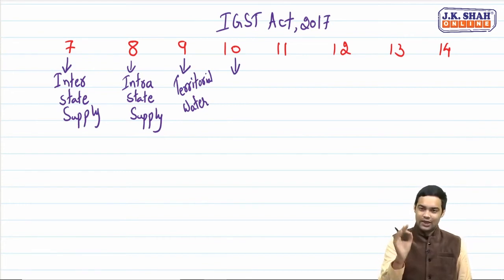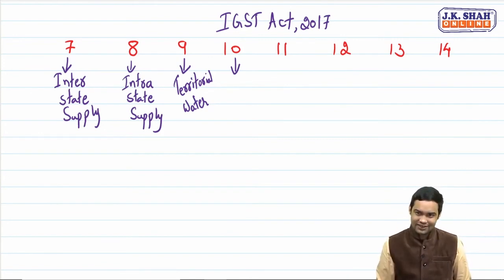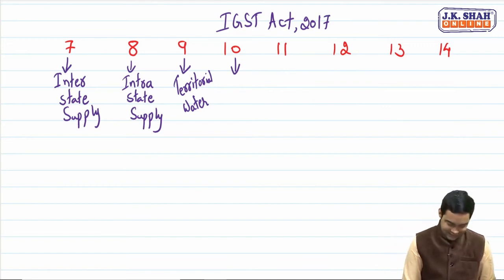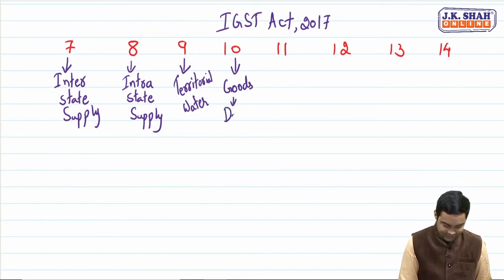Now, 12 and 13 deal with services, 10 and 11 deal with goods. In that, what is the bifurcation? 10 deals with goods, domestic transactions, while 11 deals with goods, international transactions.